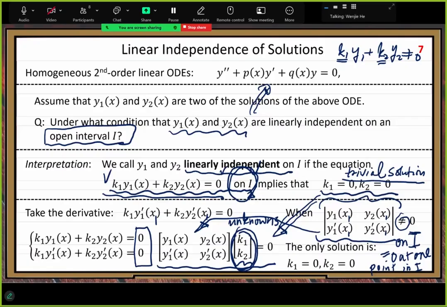So here we need to be careful, this part is very easy to get confused.